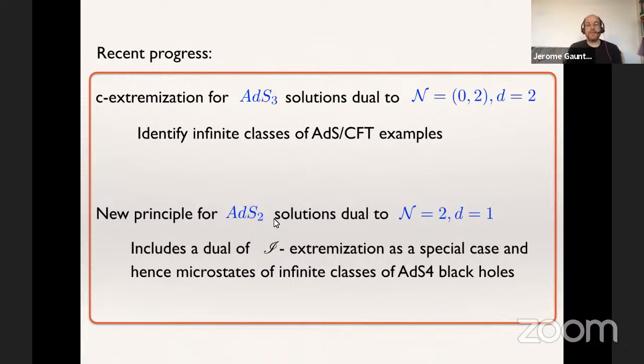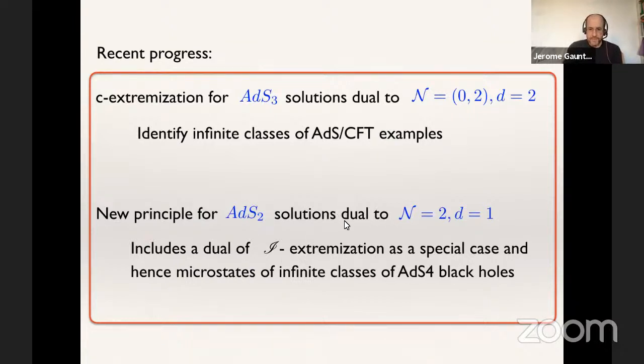This case is particularly interesting because this was a case where there is no field theory extremization principle known. So from the geometry, at least in the large N limit, we're saying that there is. And as a special subclass, it includes I-extremization, which I mentioned was a field theory extremization principle that was known in the large N limit.